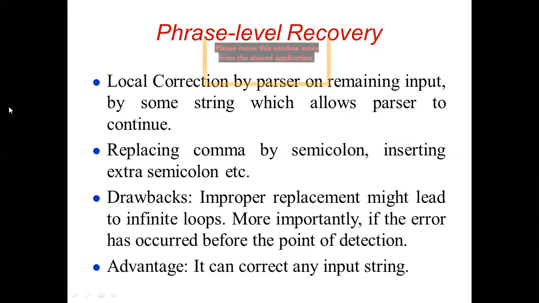How will we do the recovery of the phrase? Sometimes we will write some keywords wrong. So what is the advantage? It can correct any input string. So with phrase recovery, it can correct any input string.